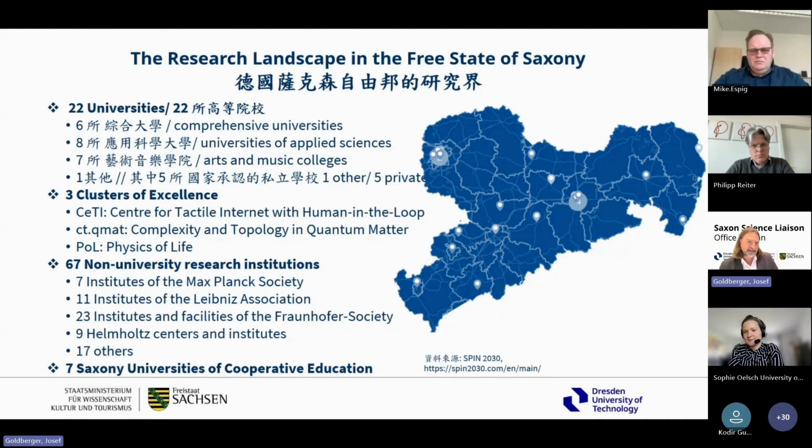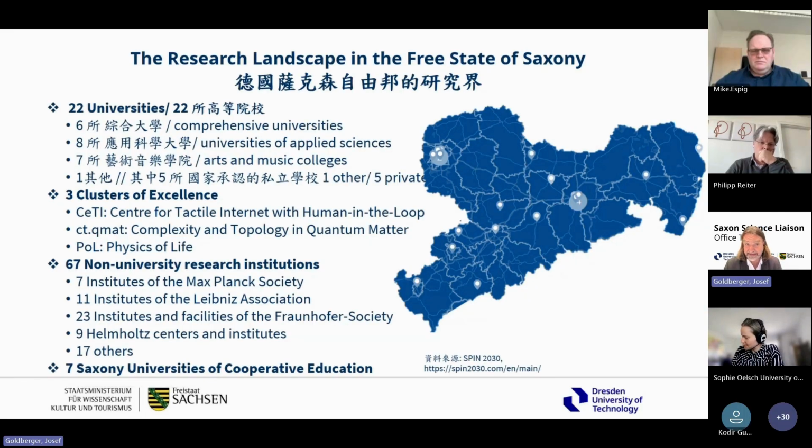So they can teach natural sciences, engineering, but also humanities, social sciences. Universities of applied sciences tend to be smaller institutions, and usually they collaborate much more closely with local industries and are more focused on teaching economic studies and engineering studies.